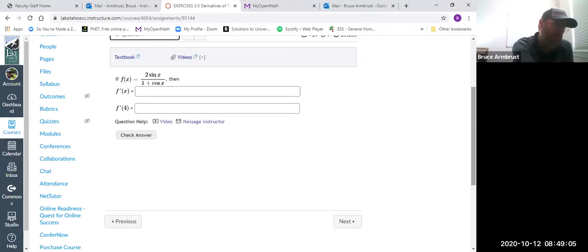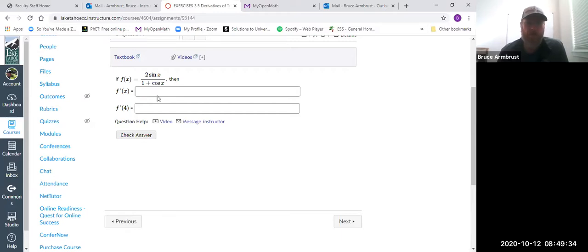They want us to find just the derivative itself, so the derivative function, in terms of x's. And then for the second part, they just want us to plug 4 into that derivative. Again, yours may look slightly different, but it should be fairly similar.